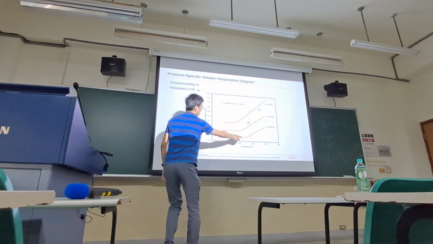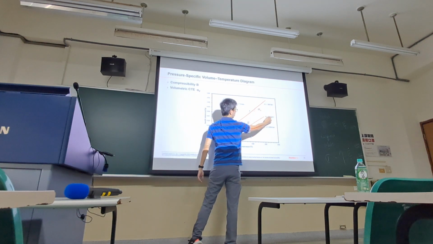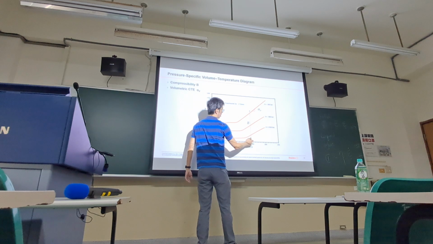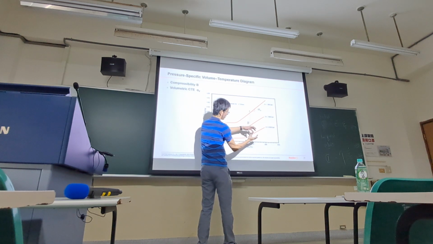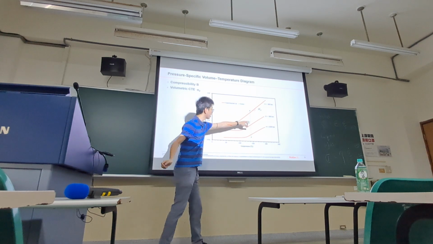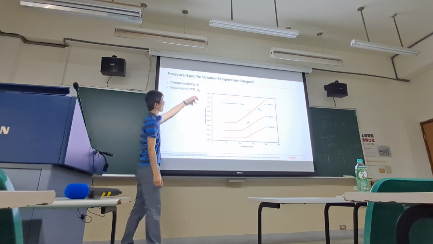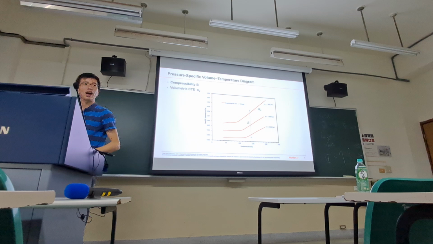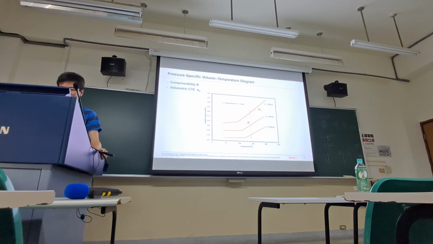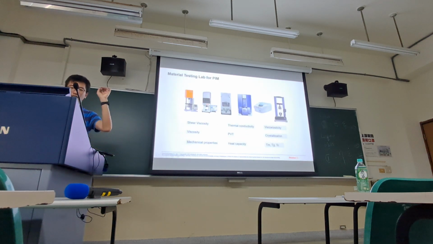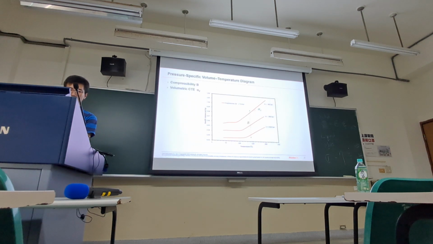And here, if we increase the pressure, the material will shrink, we compress. So this effect, we call compressibility. I believe for powder, you also can measure some compressibility. Okay, so those are the ideas.